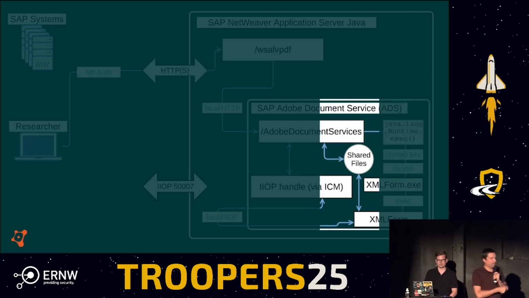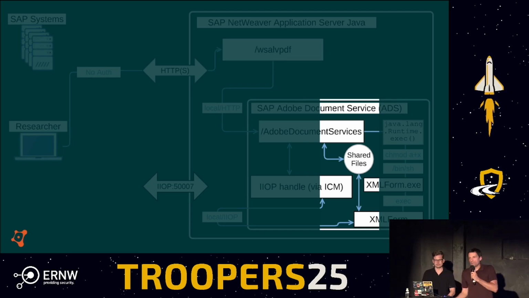Secondly, we find that there are several communications through the file system. When you ask for a PDF, XMLForm generates the PDF, then writes the output somewhere on the file system, and the Adobe Document Services grabs it and sends it back to the user.